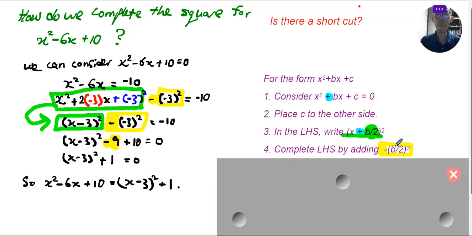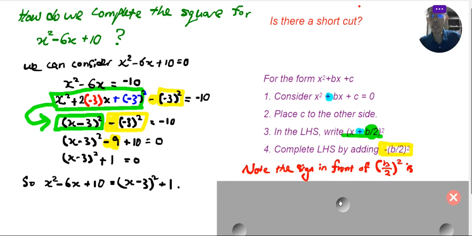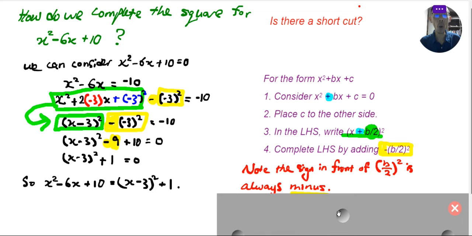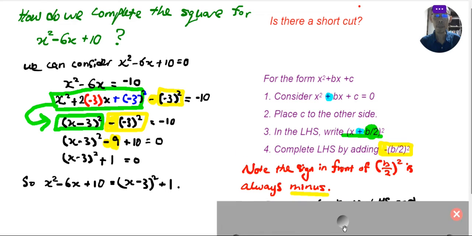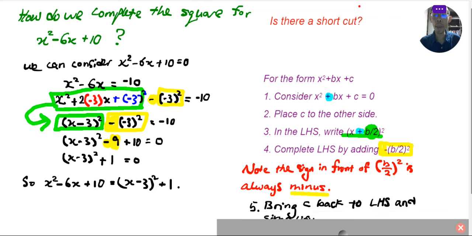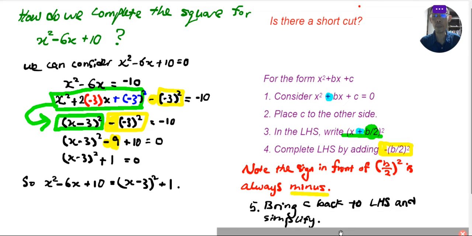But you need to make sure I balance by negative b over 2, everything squared, all right? Note that the sign in front of the b over 2 everything squared is always minus. Now bring the c back to the left-hand side, and now we simplify, and voila, we're finished.